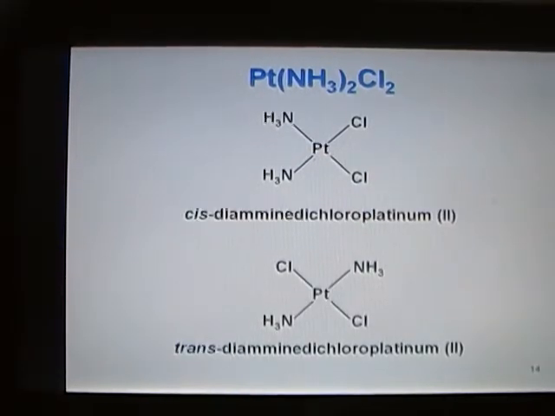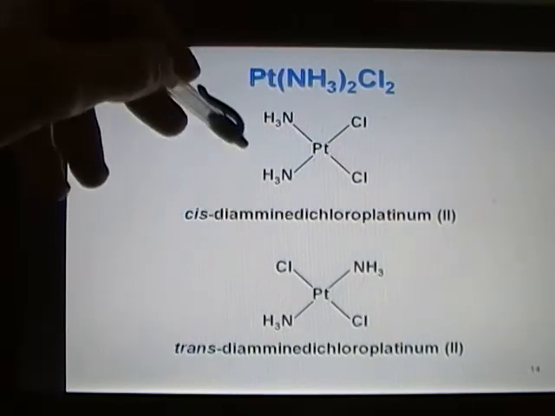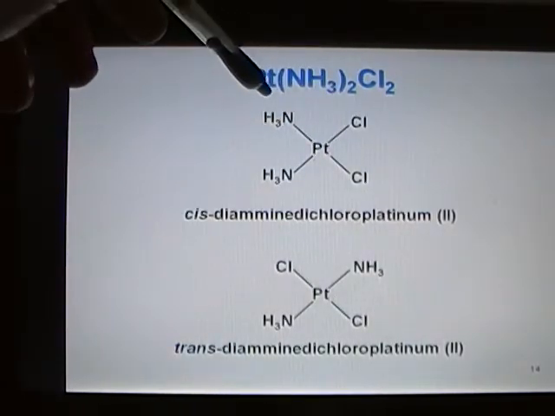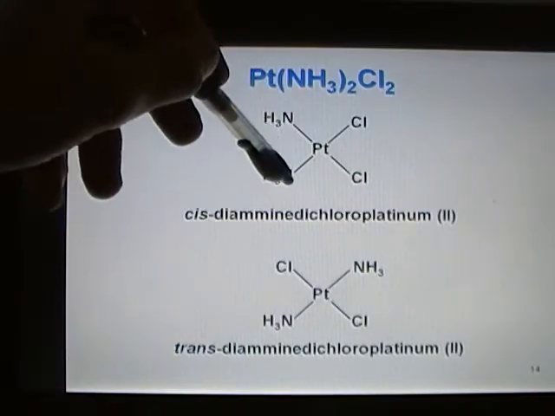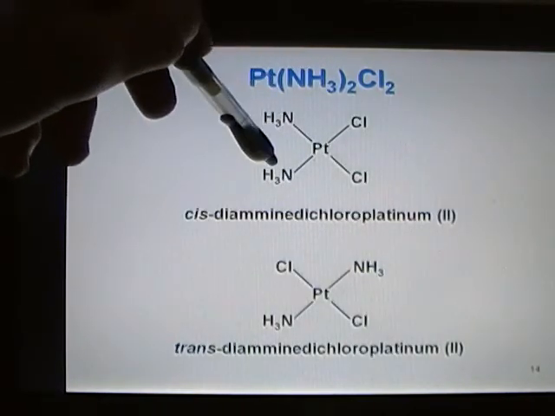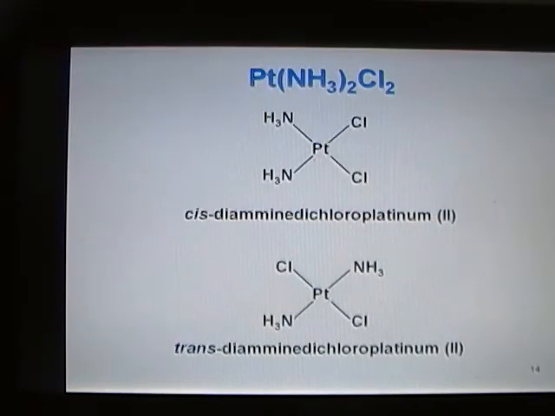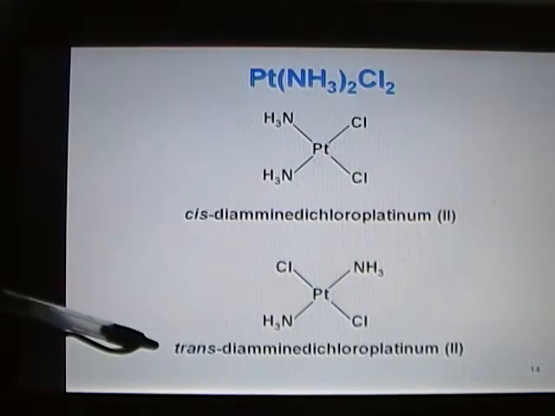So here are the names. Cis-diamminedichloroplatinum(II). Since this is a square planar complex, since we've defined that the two amines are cis to one another, that forces the two chloros to be cis to one another. In the other case, we have trans-diamminedichloroplatinum.